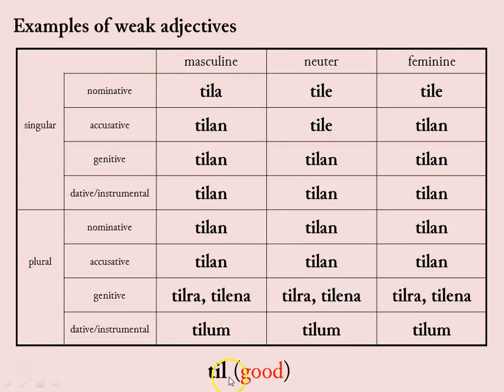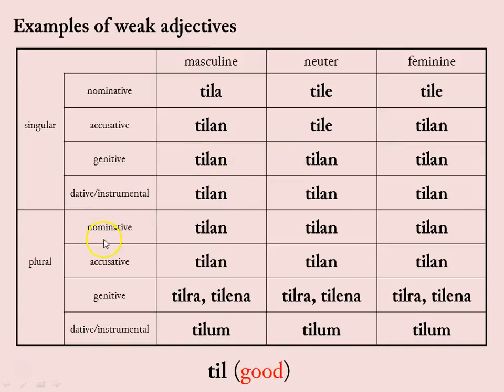Now, another word for good is till. In the nominative masculine it is tila. In the neuter it is tile. In the feminine, tile. The accusative masculine, tilan. Accusative neuter, tile. In the feminine accusative, it is tilan. In the genitive and dative instrumental, it is tilan for all genders.